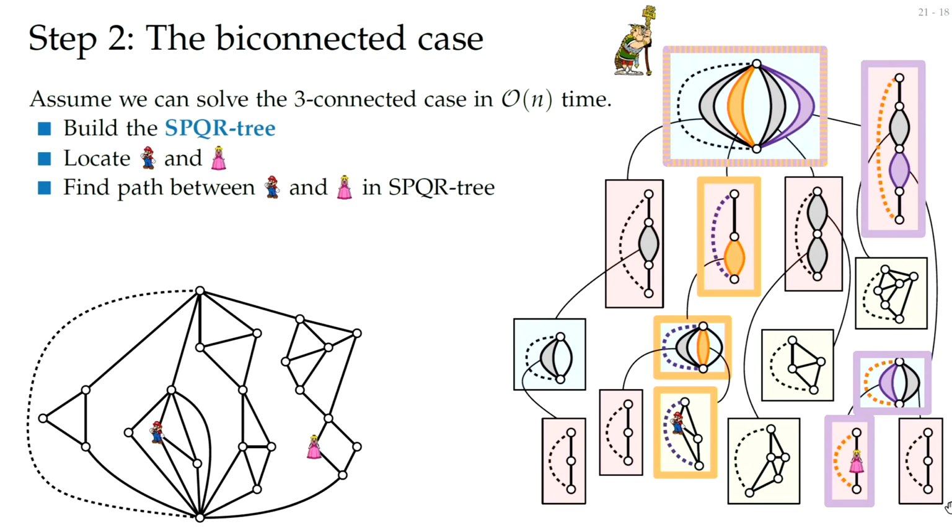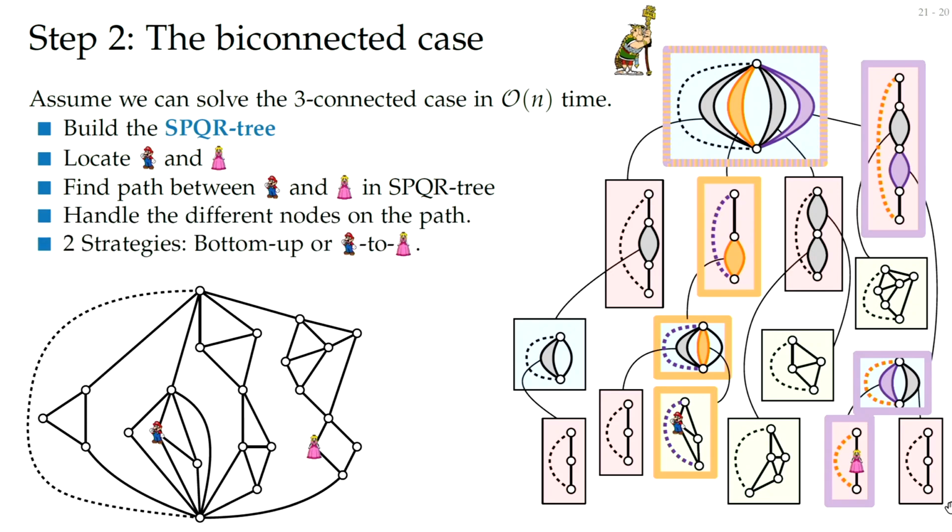And what we now want to do is we want to use this SPQR tree structure to solve our problem. And there's technically two different ways that you can do that. The first one is we can go bottom up from both and meet in the lowest ancestor. And the second one is that we can just walk along this path from one to the other.